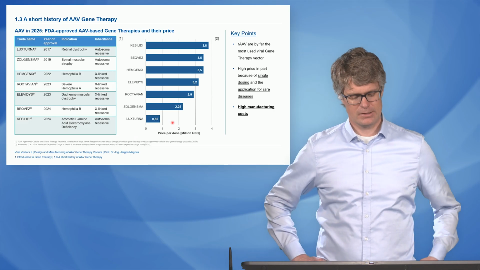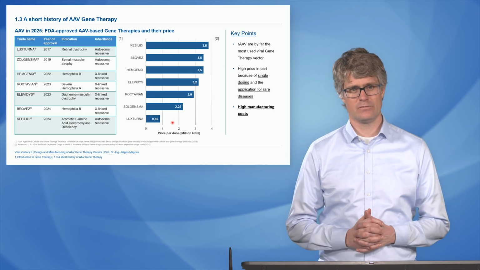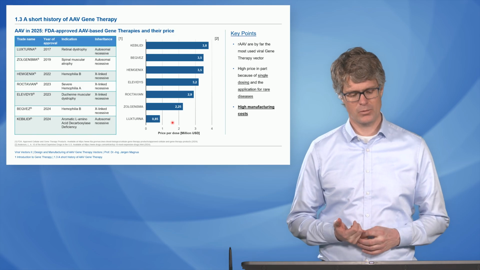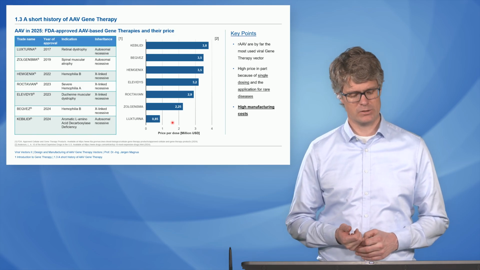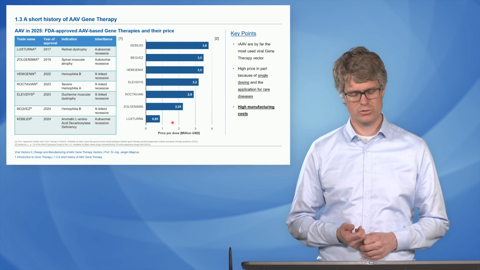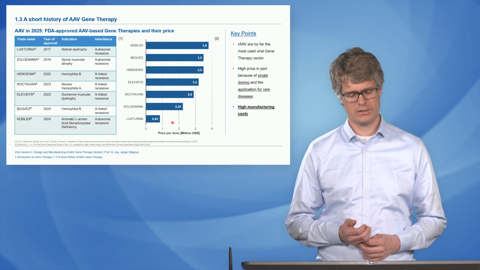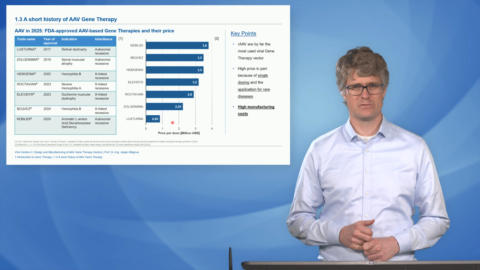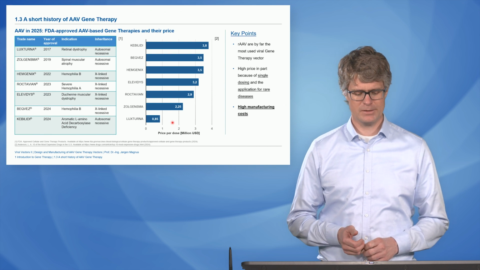And then the obvious challenge here for society, I would say, is the very high price of these treatments. As you can see, they sometimes go to about 2 million and sometimes about 3 million per patient, which is a difficult cost for healthcare systems to carry.